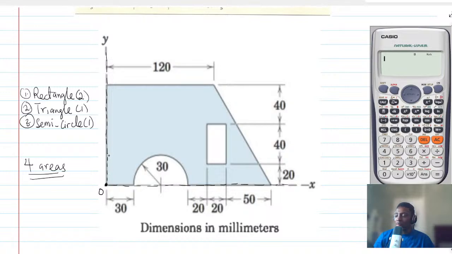Okay. All right. So now you have your x axis, then you have your y axis, right? So first of all, you have to identify the areas.